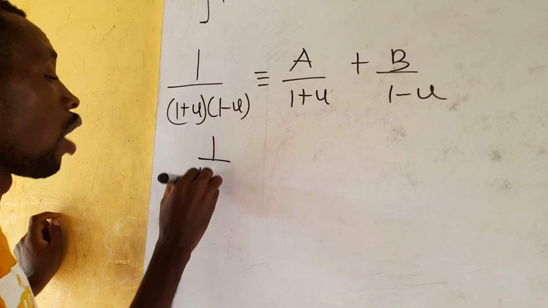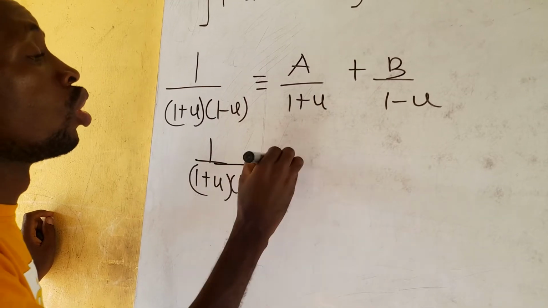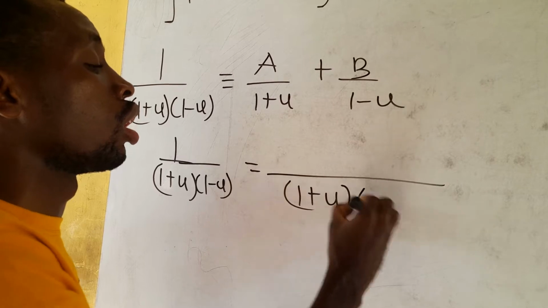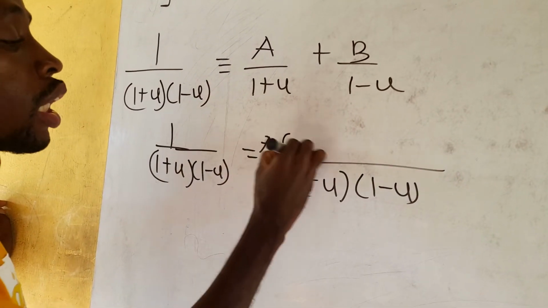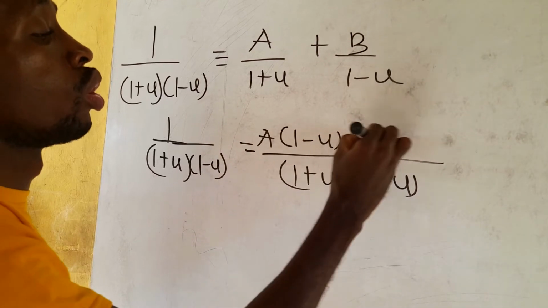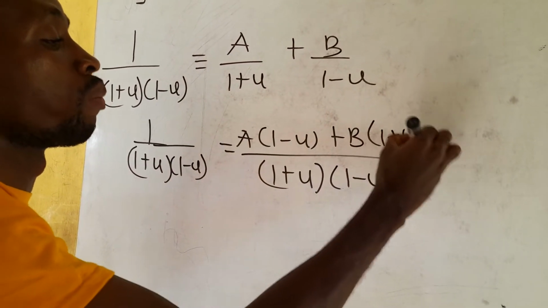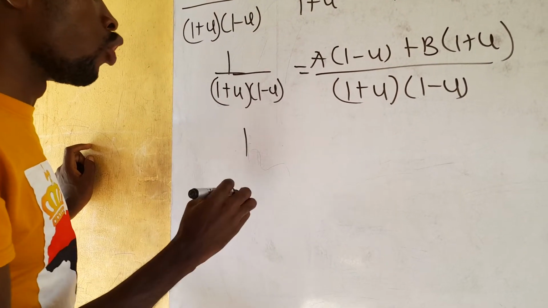We have 1 over 1 plus u, then 1 minus u. The LCM here is 1 plus u, then 1 minus u. If this divides this, we'll be left with that. So we have A bracket 1 minus u plus B bracket, and if this divides this, we'll be left with 1 plus u. Now, since the denominators are the same, we equate the numerators.